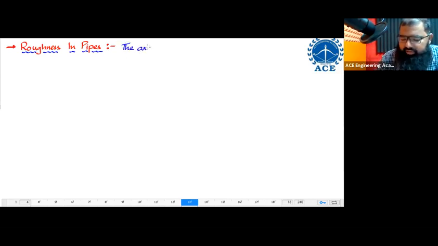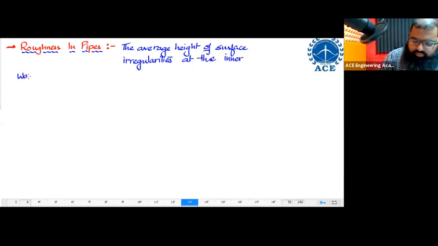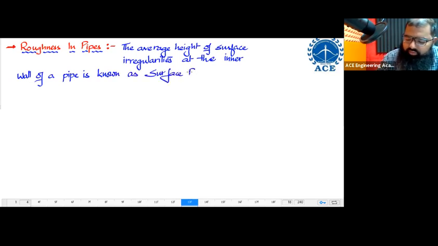The average height of surface irregularities at the inner wall of a pipe is known as surface roughness, represented by epsilon.